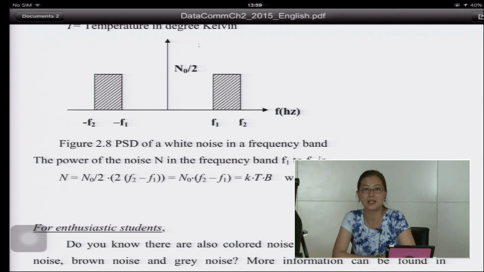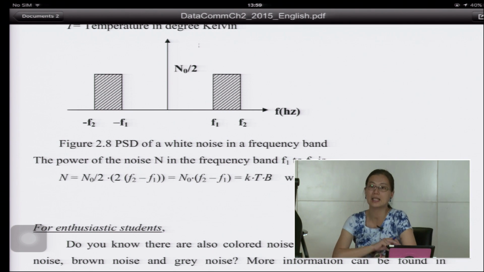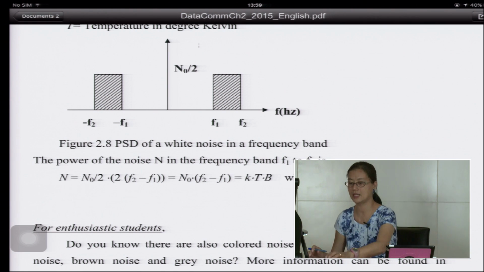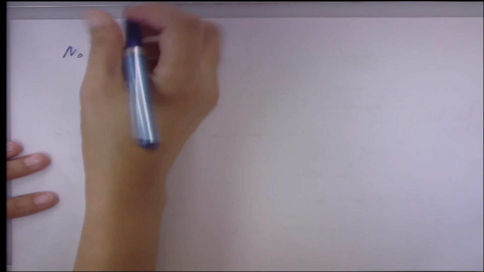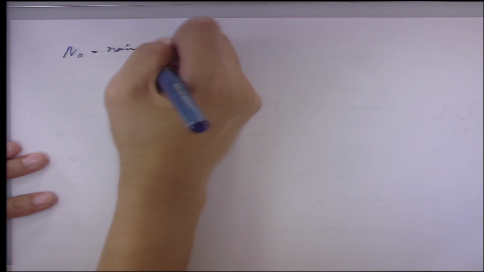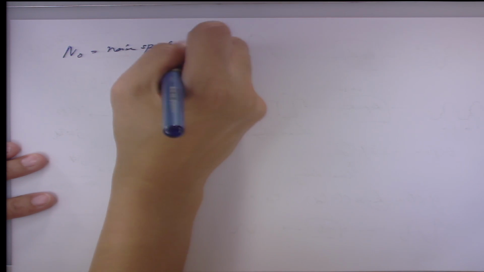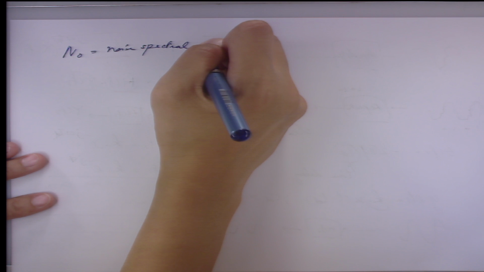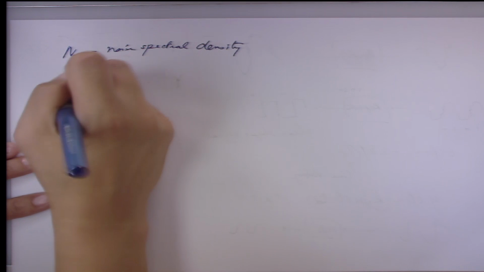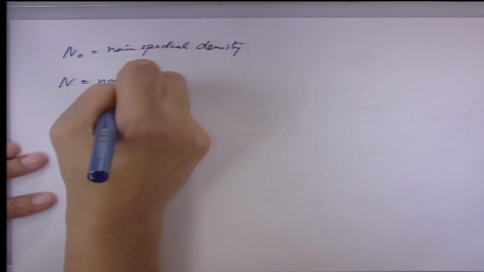And for this case, as you know, N0 is the power spectral density, right? The noise power is equal to the density times the frequency. So you know that N0 is the noise density, and N equals the noise power.